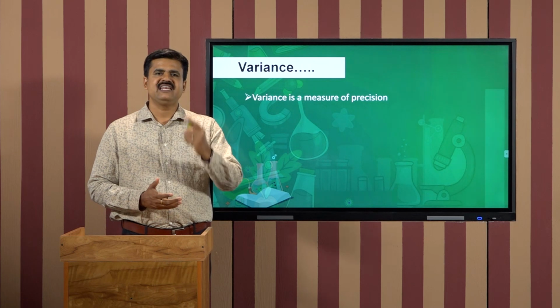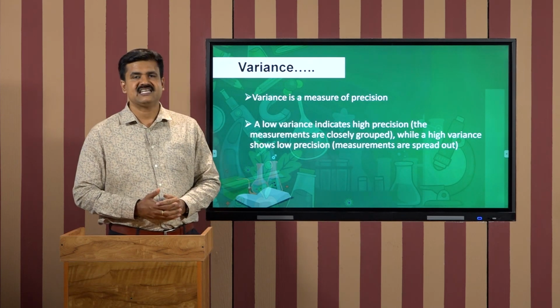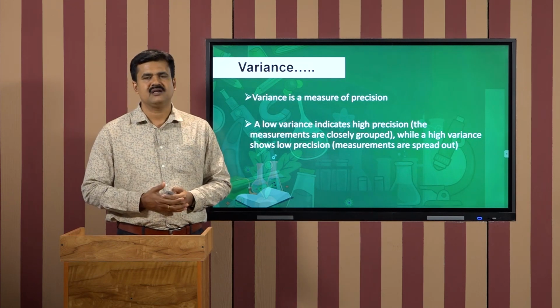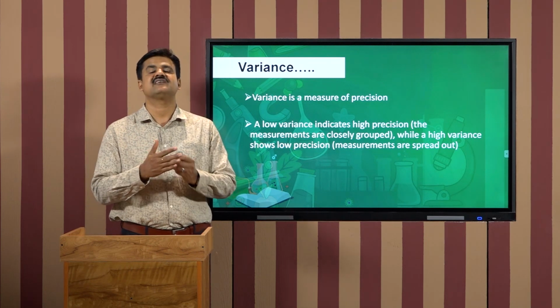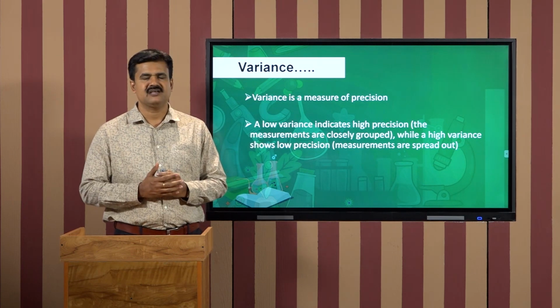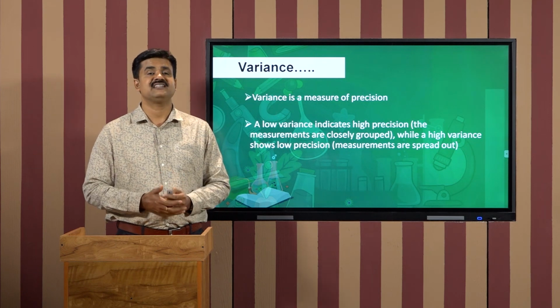Now, variance is a measure of precision. A low variance indicates high precision. The measurements are very closely grouped, while a high variance shows low precision, measurements are spread out. So, this second point is very, very important, and it signifies the statistical procedure of calculating variance.